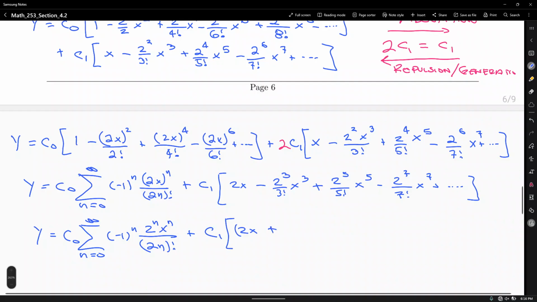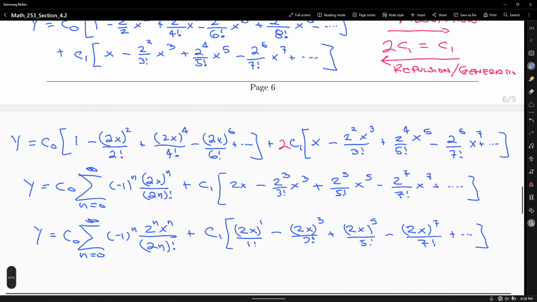Do you guys agree this is 2x to the first over 1 factorial? And then this is minus, actually not plus, minus 2x cubed over 3 factorial plus 2x to the fifth over 5 factorial minus 2x to the seventh over 7 factorial plus dot dot dot.